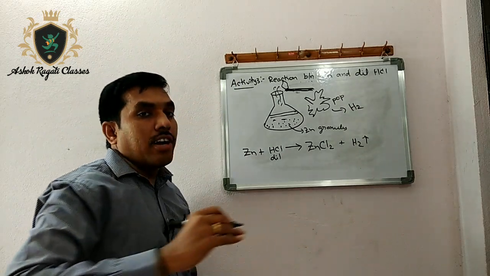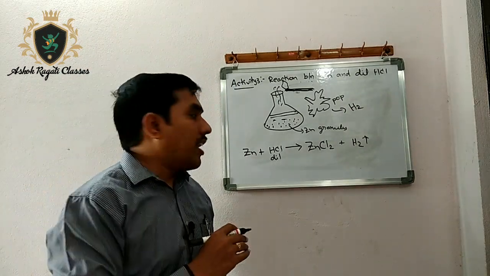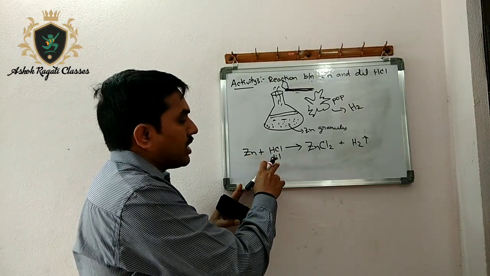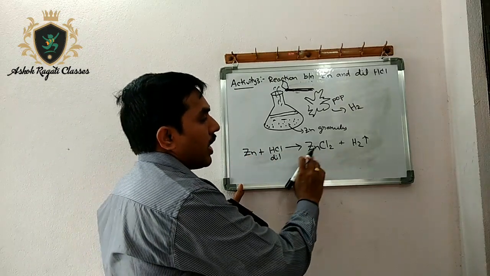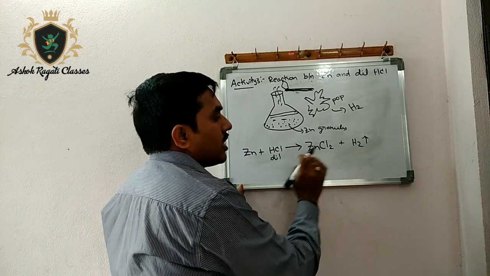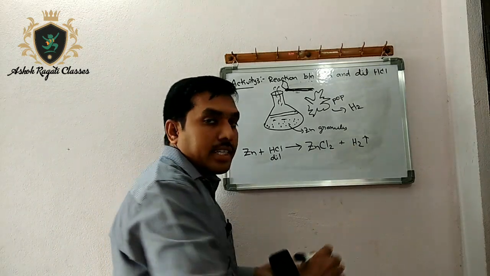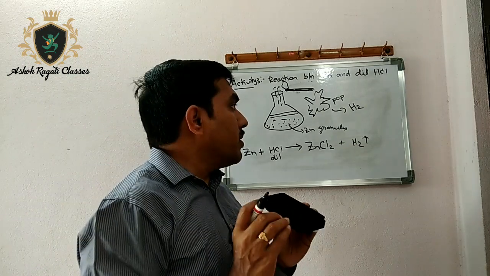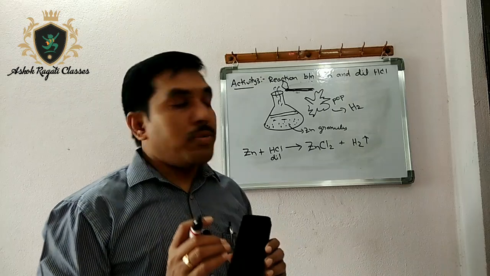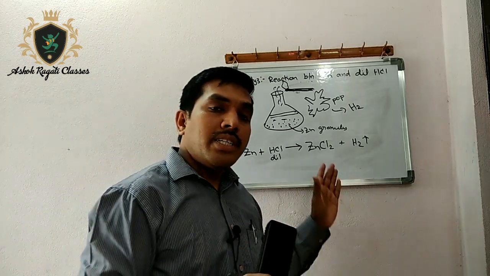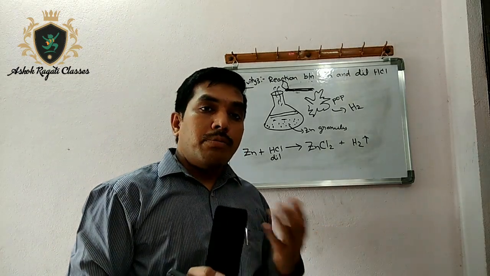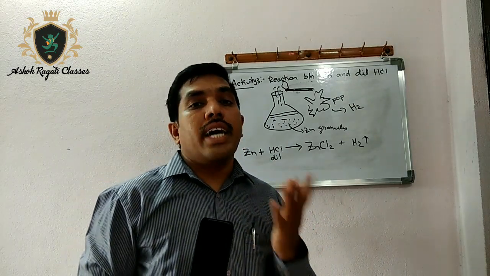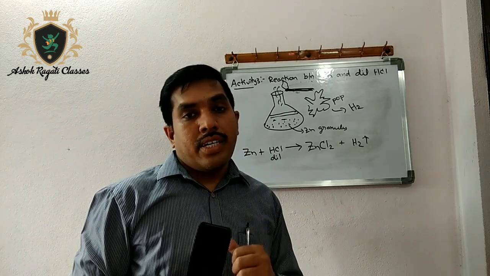Here zinc granules react with the dilute HCl, producing zinc chloride, ZnCl2, and hydrogen gas. Hydrogen gas property is that it will produce a pop sound. From this activity we come to know that in a chemical reaction there is a chance of producing gases.